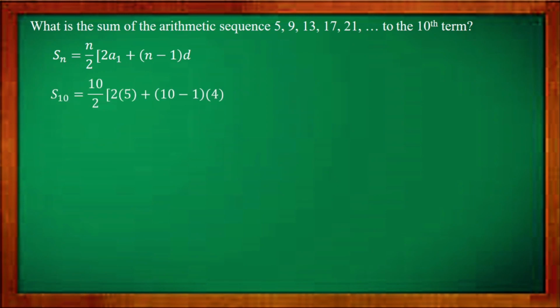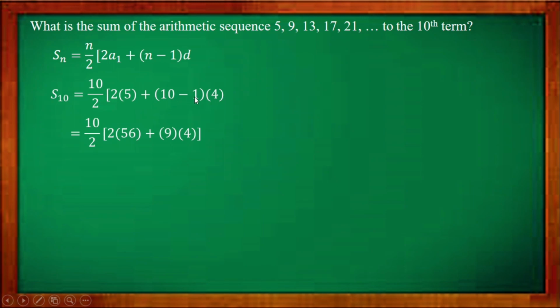Then substitute the given values. By replacing all those given values from the sequence, we will have S sub 10 equals 10 over 2 times 2 times 5 plus 10 minus 1 times 4. Then we simplify the expression inside the parentheses.